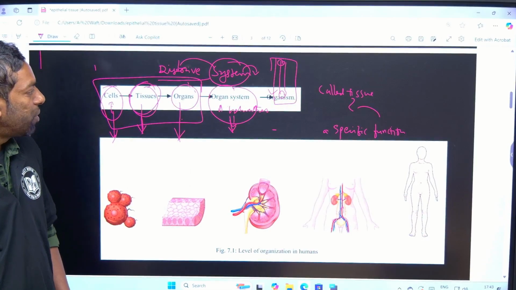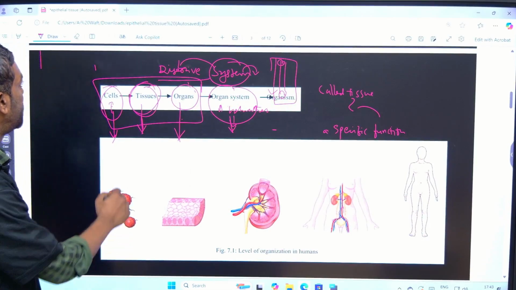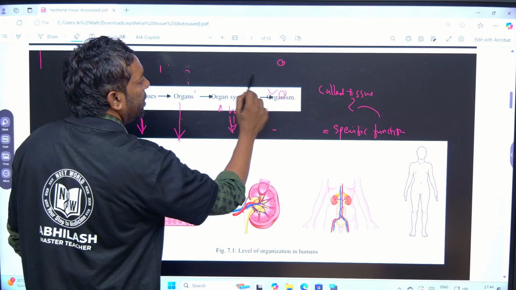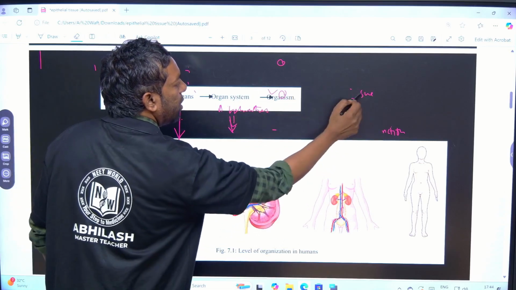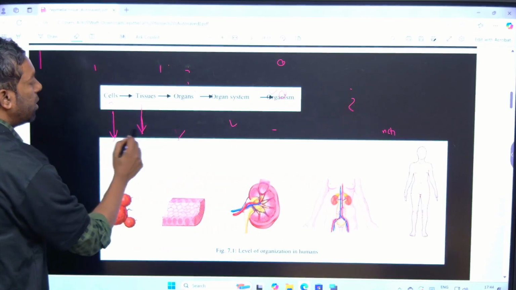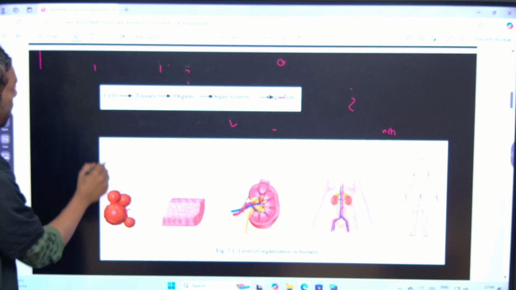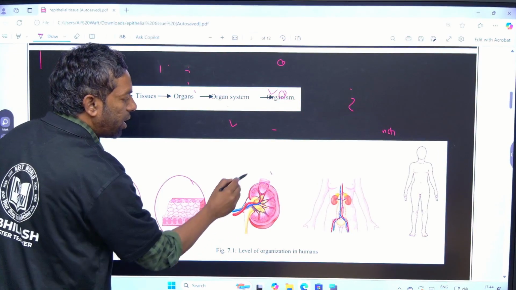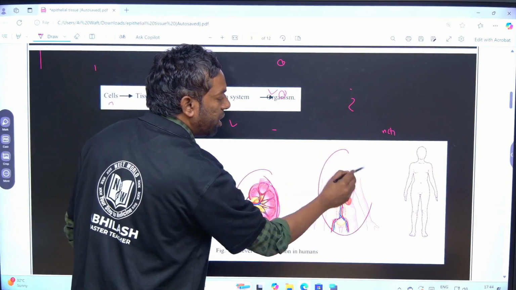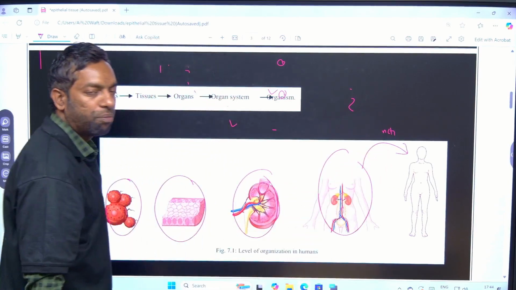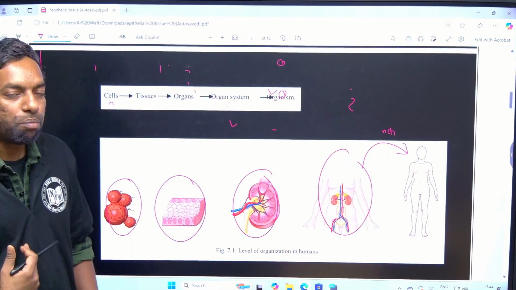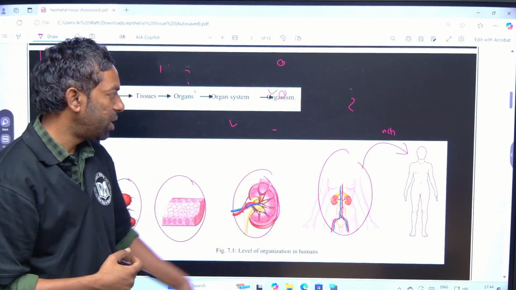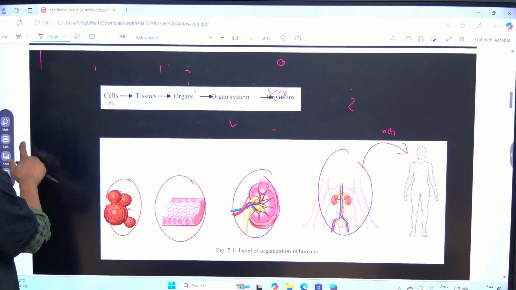This may be a question for the exam, okay. So this is cellular level, tissue level, organ level and organ system level. The organism finally develops into population, interaction and ecology. There is a development that takes place.